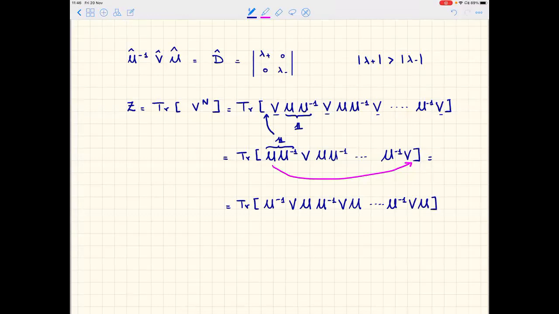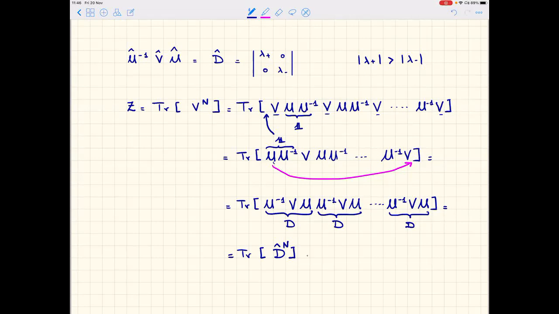So now, using the cyclical property of the trace to reshuffle this new resolution of the identity, what I get is D, the diagonal matrix, times the diagonal matrix, times the diagonal matrix, n times. In other words, I'm not telling you anything spectacular. The trace of V to the n is equal to the trace of the diagonalized matrix to the power n.